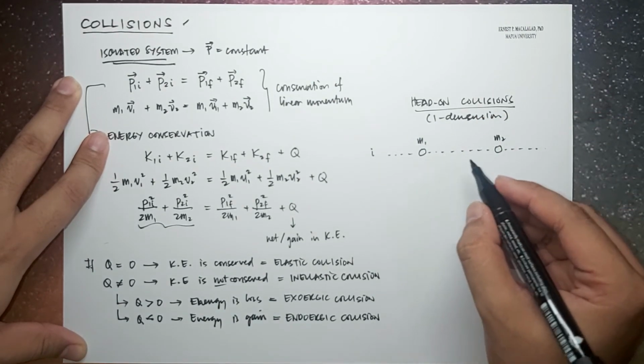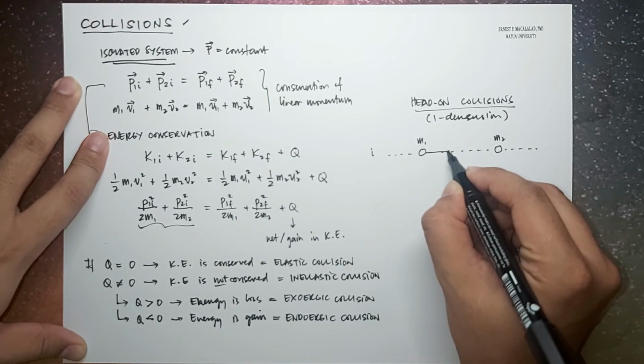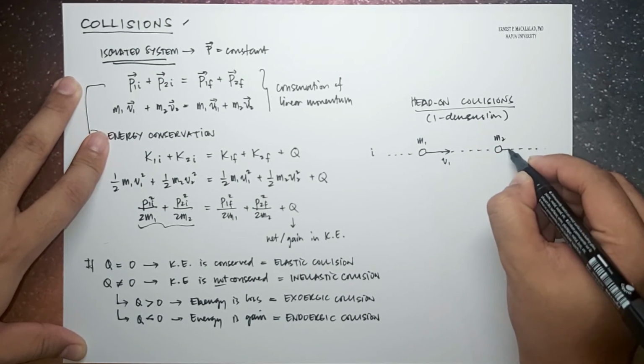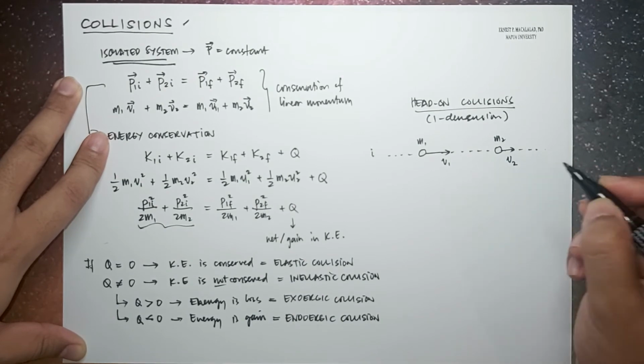Let's say the speed of m1, call that v1, is greater than the velocity of m2. So let's call that v2.